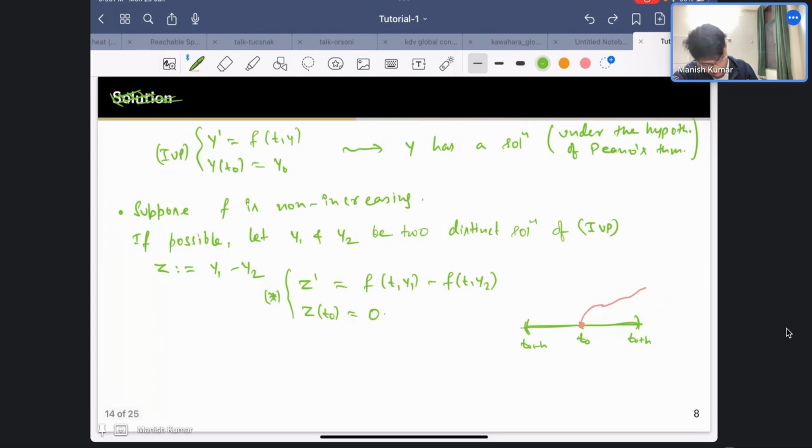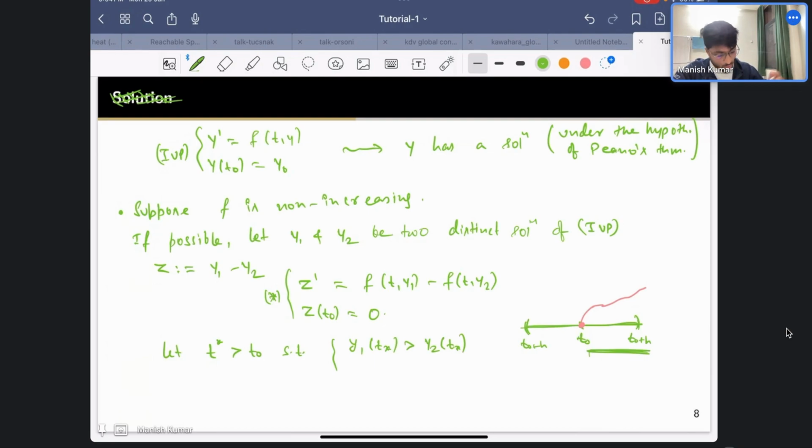What you can see is, suppose you get a point t star greater than t naught. I'm just considering this part, that will be sufficient for our proof. Suppose y1(t star) is greater than y2(t star). Since they are different, such a t star exists, because they cannot be equal.